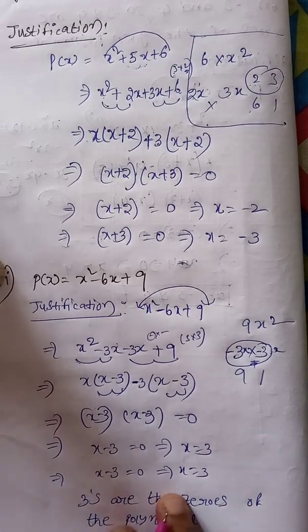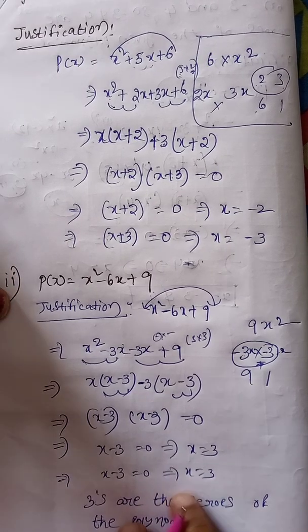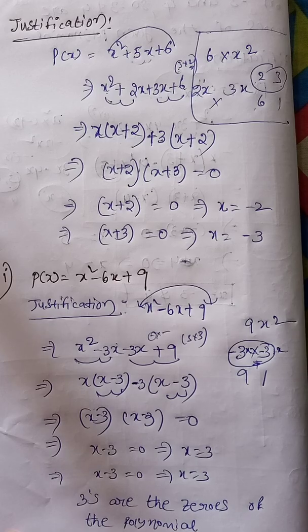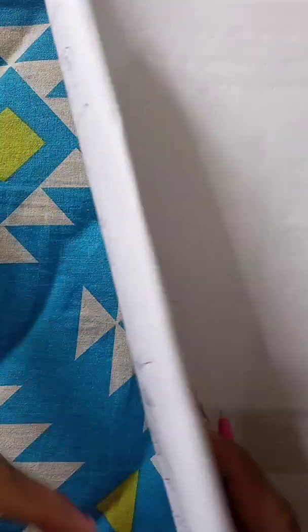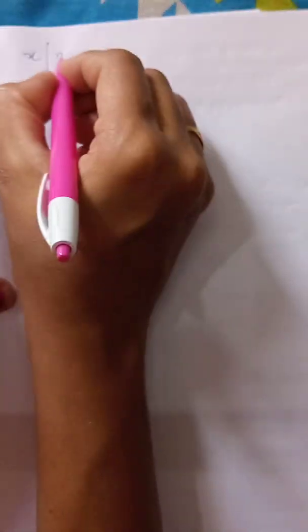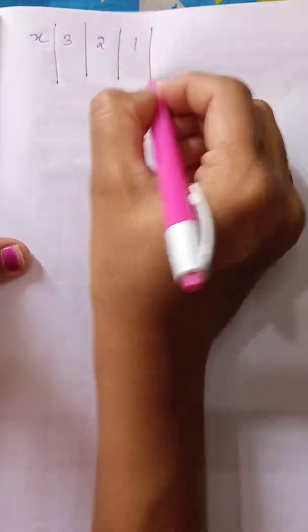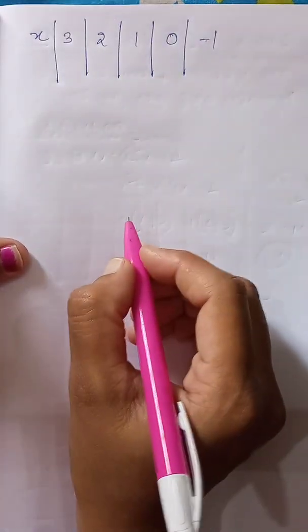So based on this we can take x values. How can we take x values now? We got x value is 3 here. So we can take x values starting from the highest value, 3. No need to take 4. So next 2, 1, 0, minus 1.